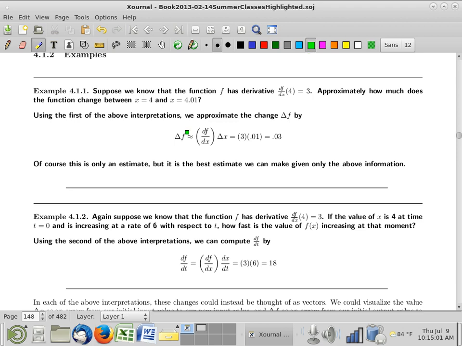But you can compute an output change approximation from an input change by multiplying by the derivative. Or you can compute an output rate from an input rate by multiplying by the derivative. So scan through these examples, remind yourself of these applications of single variable calculus, and these are the points of view on those derivatives that I want to take in this course.